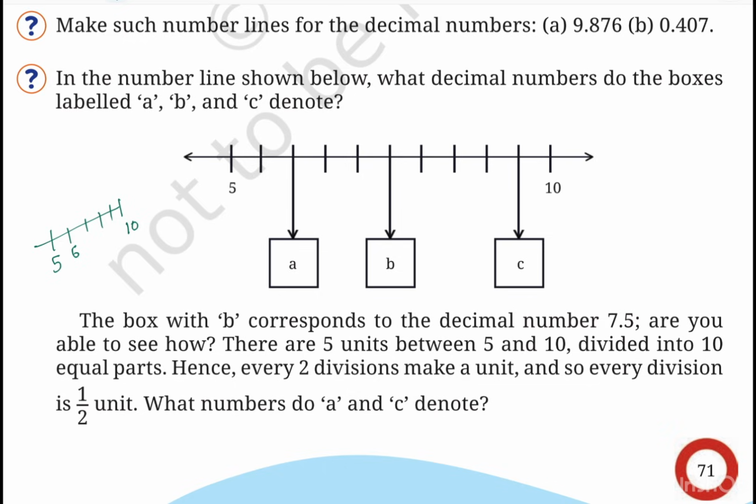Between 5 and 10 there are 5 units, and here it is divided into 10 parts. So 5 units divided by 10 is 5 by 10. Each part is 5 by 10, that is 0.5 of length.